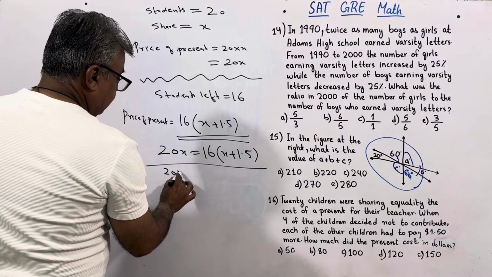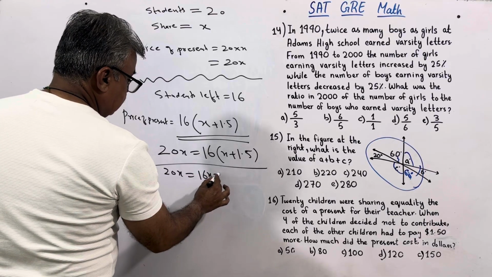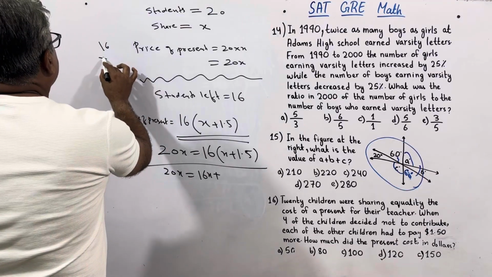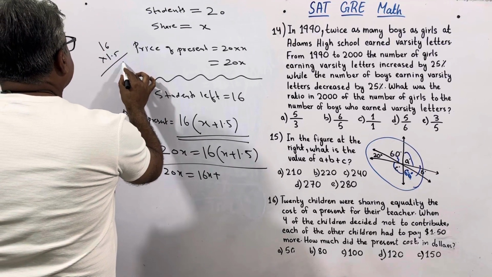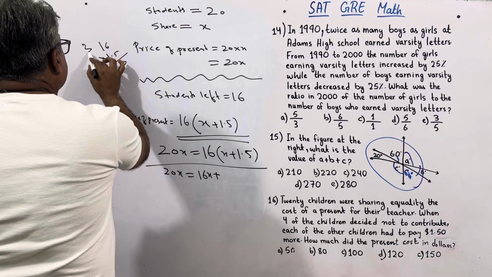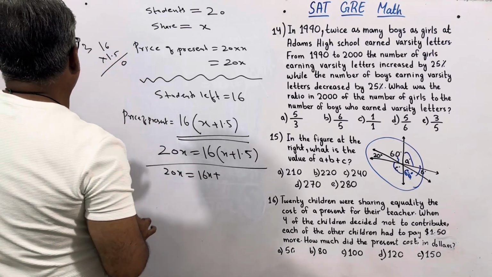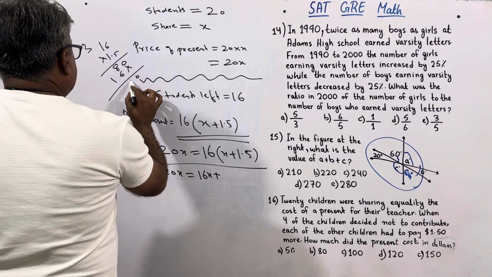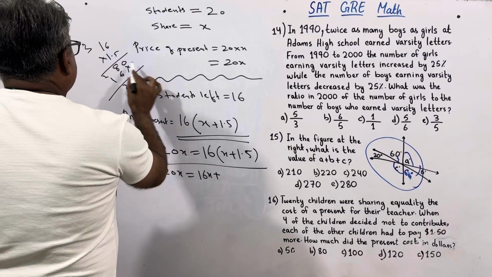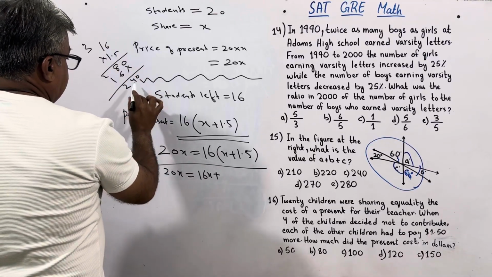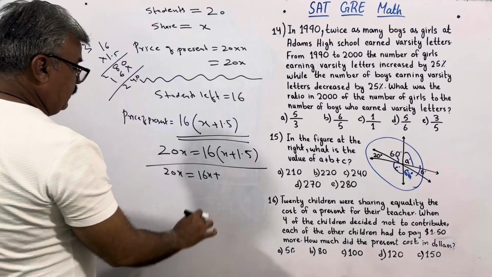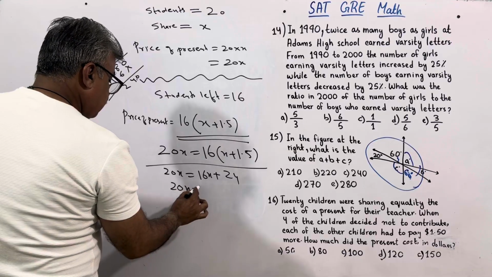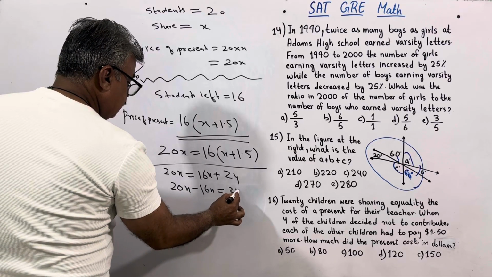20x is equal to 16x plus 16 times 1.5, which is 24. To solve for x, 20x minus 16x is equal to 24.